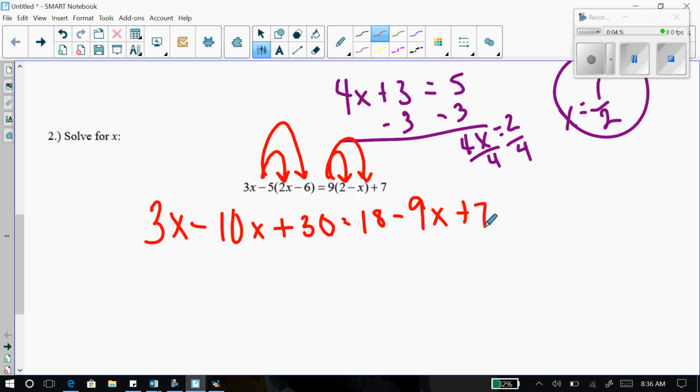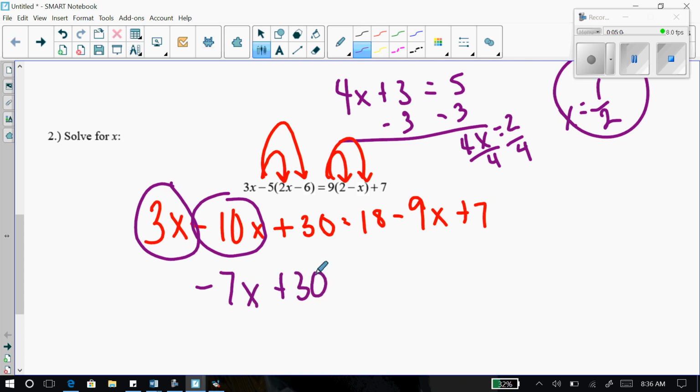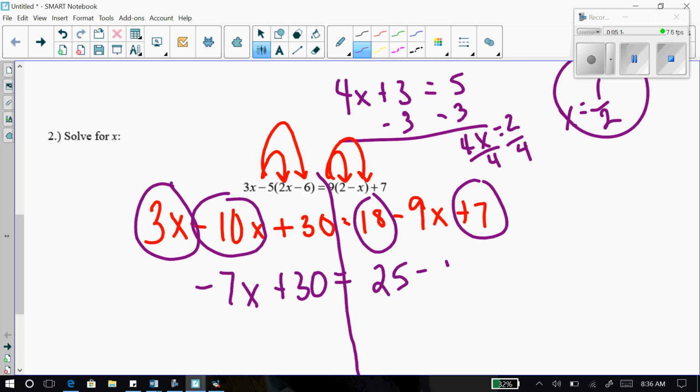Okay, now we're just going to combine like terms. So 3x minus 10x is a negative 7x plus 30 equals, and remember, if you have to draw that line to separate them, you can. On this side, I can combine an 18 and a 7, so 25 minus 9x.